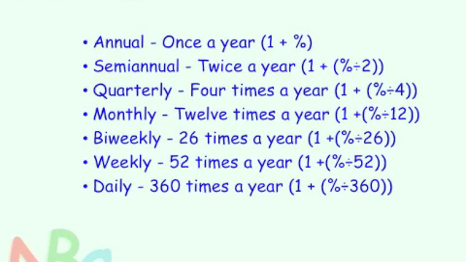You'll notice that we're taking the interest rate and dividing it by 2. Quarterly would be dividing it by 4. Monthly would be dividing it by 12. Bi-weekly is dividing it by 26. Weekly is dividing by 52. And daily is dividing it by 360. Again, we will talk about this more in lesson 1.5, but I just want to introduce it today. So these are common terms that are used in finance.